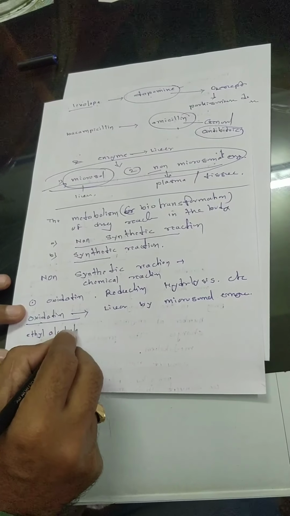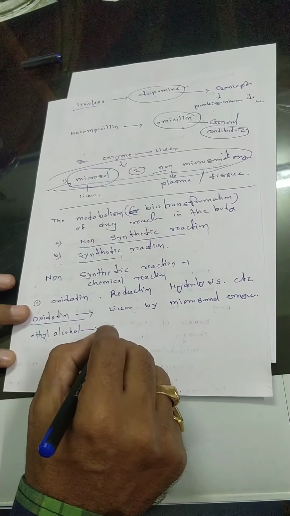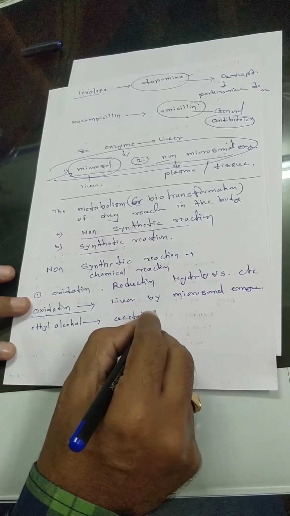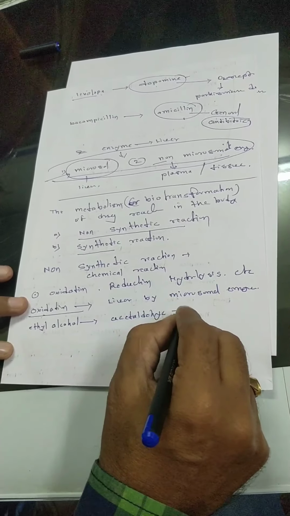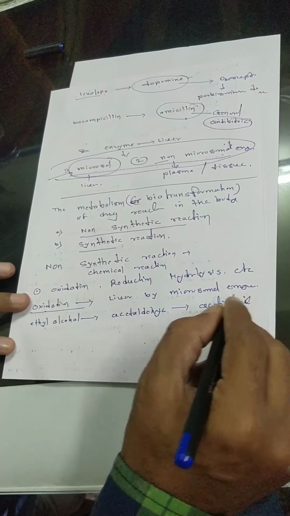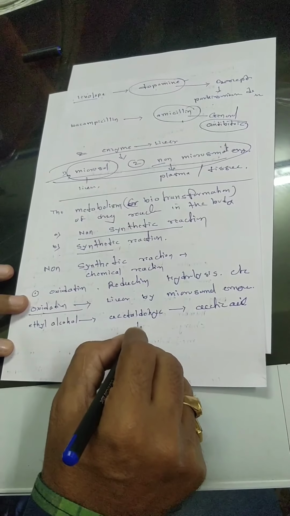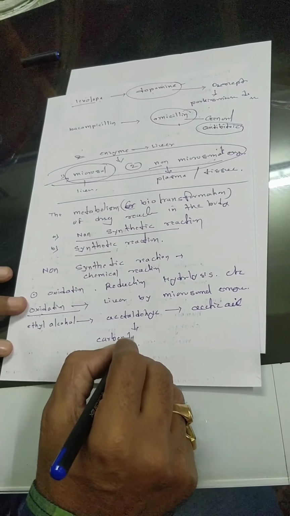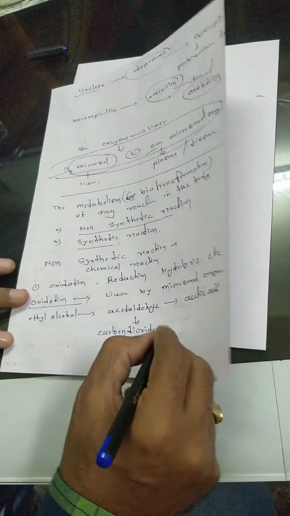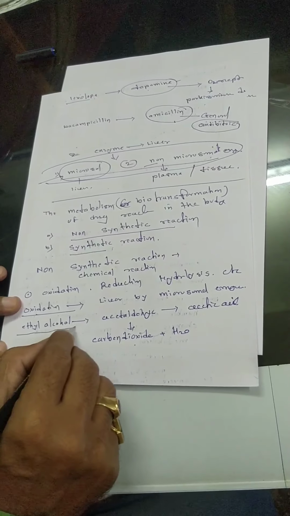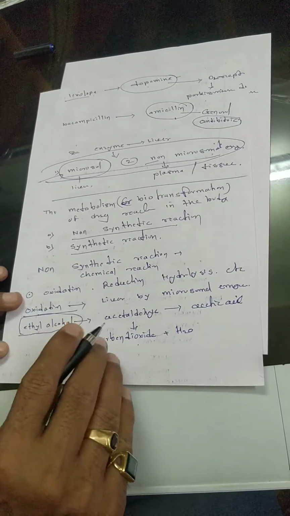Ethyl alcohol taken in is converted in the liver into acetaldehyde, which is converted into acetic acid, then gives carbon dioxide and water.